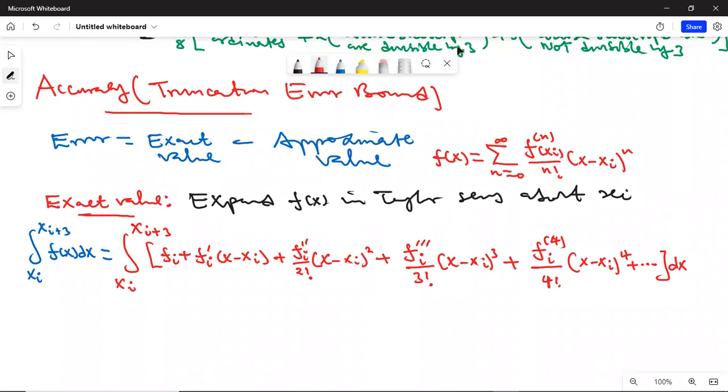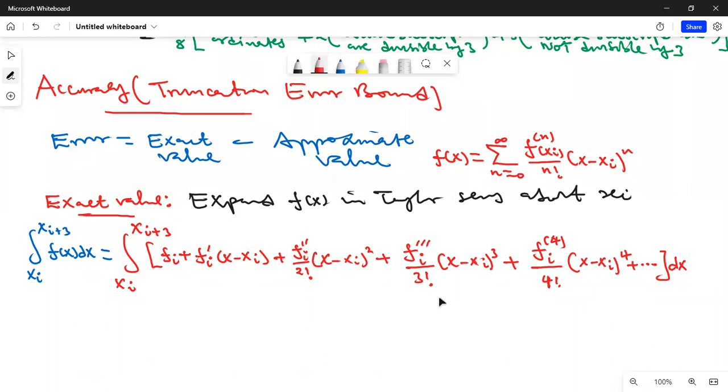Now for us to be able to evaluate this integral, we need to make a substitution. We are going to say let t be equal to x minus xi so that we can simplify the problem.